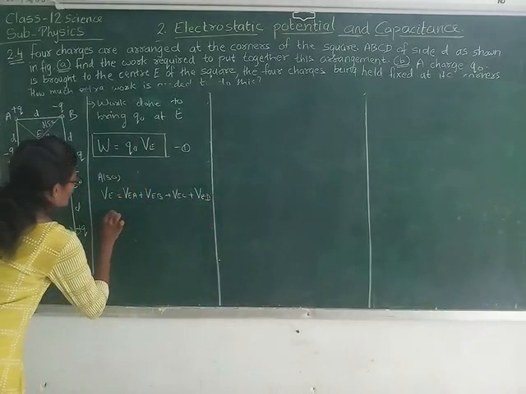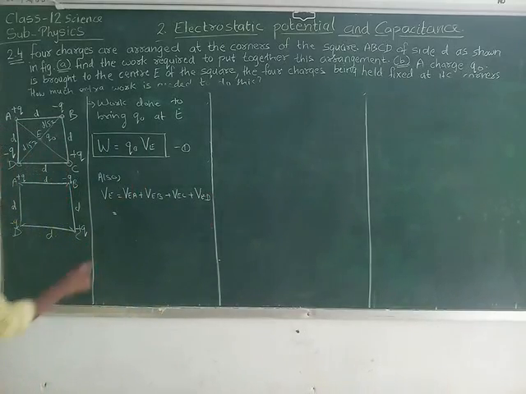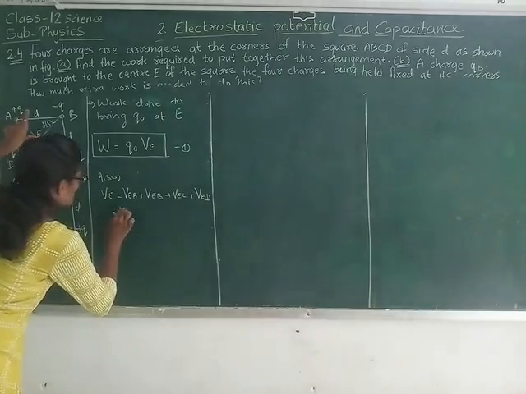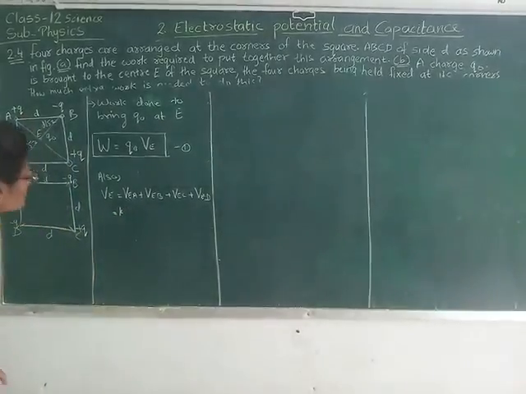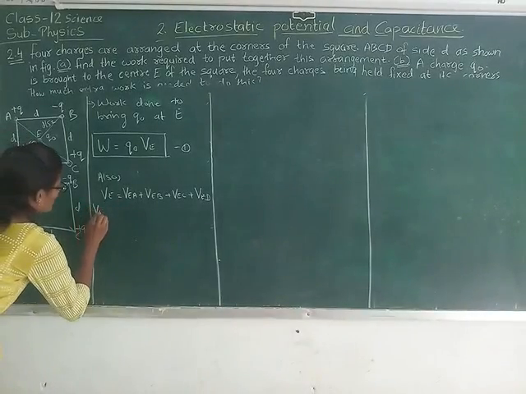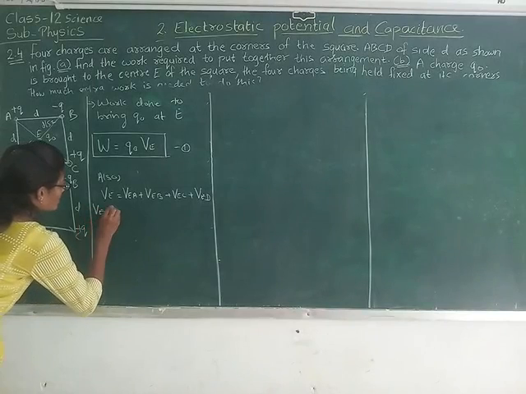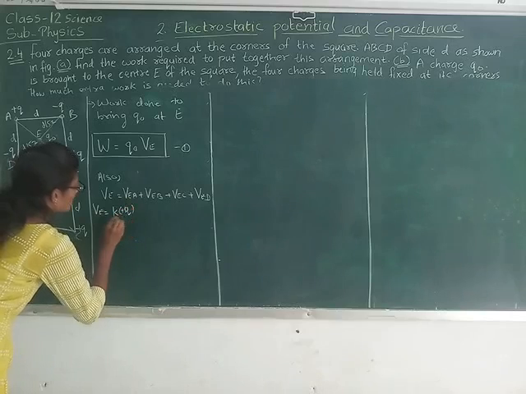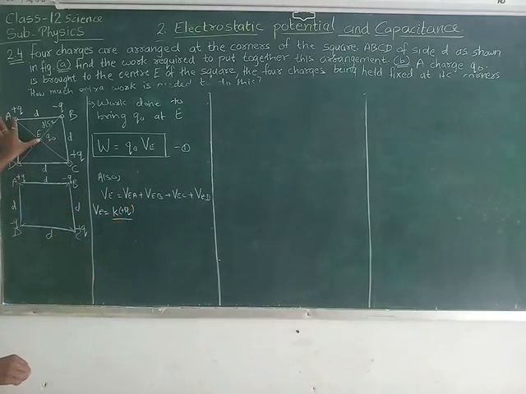Now let us write the general formula. What is potential at E due to charge at A? That is K into plus Q upon distance between E and A.